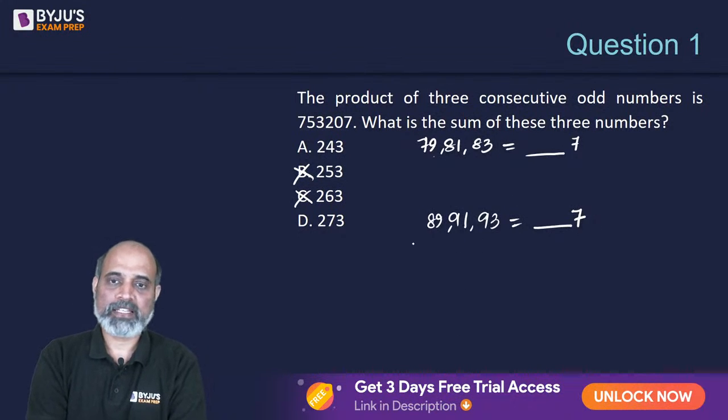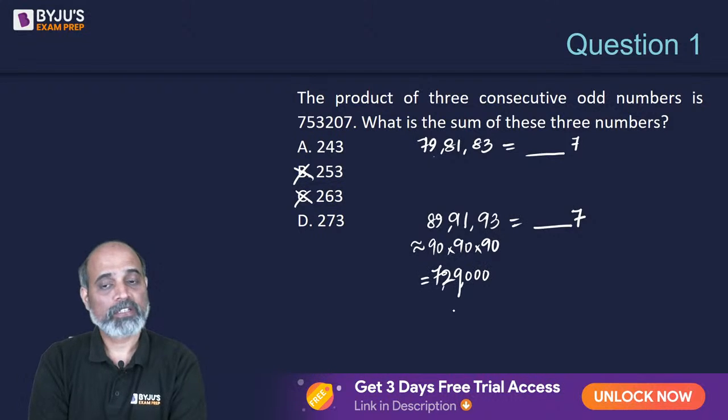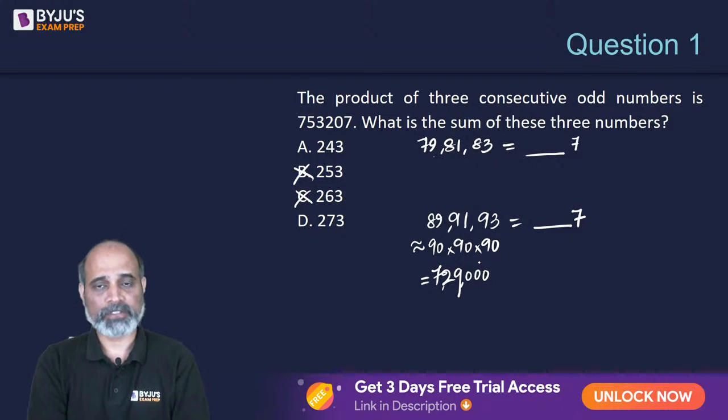Now, if I say each one of these is close to 90, then the product of 90, 90 and 90 is 9 into 9 into 9, which is 729 followed by 3 zeros. So it's going to be 7,29,000. So we can say that our answer is going to be close to 7,29,000 and it will end in 7.